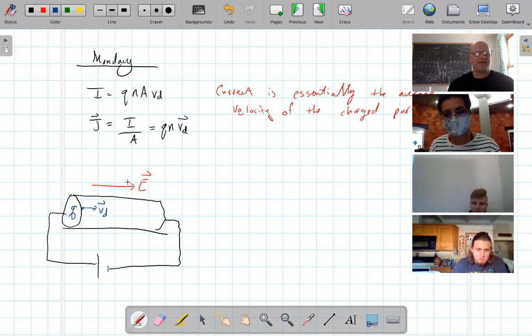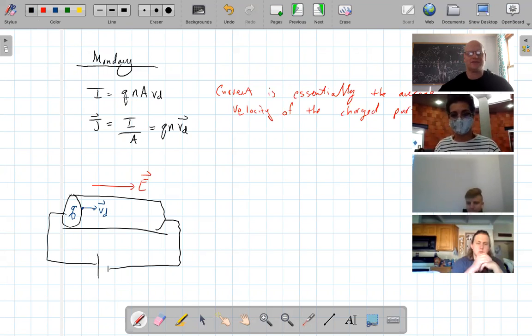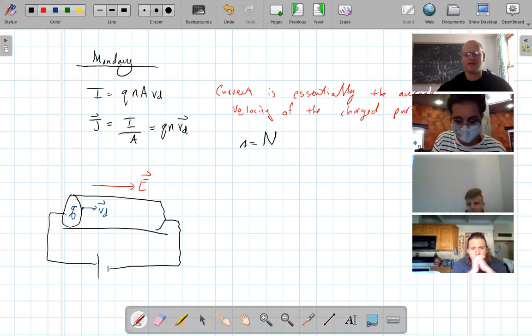What we found last time was that the current is equal to the charge q times n, where n is equal to capital N divided by the volume. This is what's called the number density, the number of charge carriers per unit volume, times the cross-sectional area, in this case of my wire, times the drift velocity.